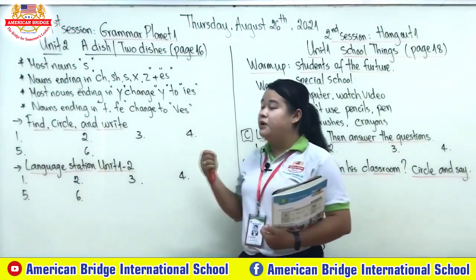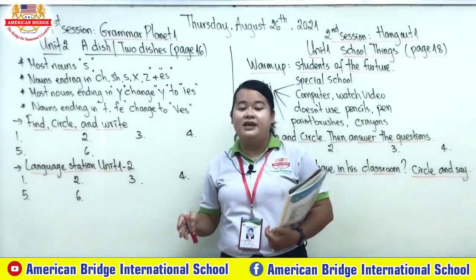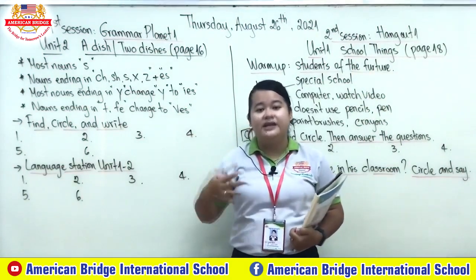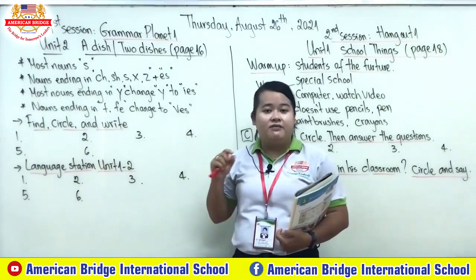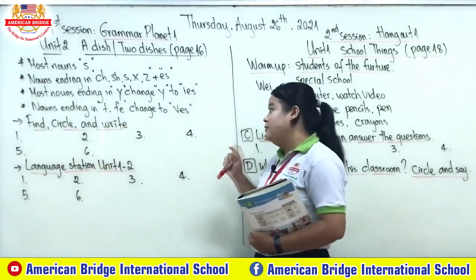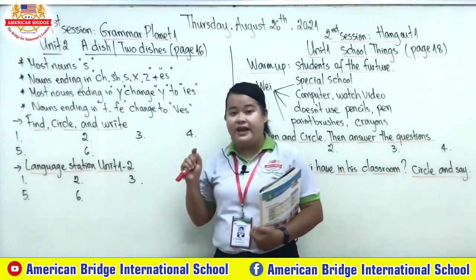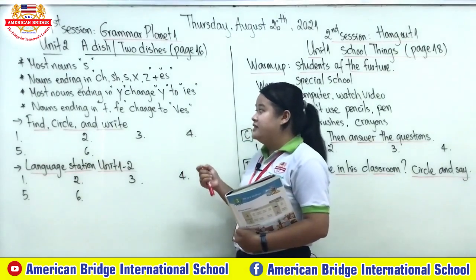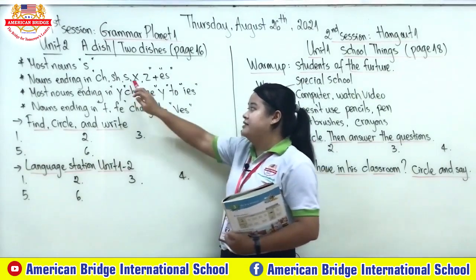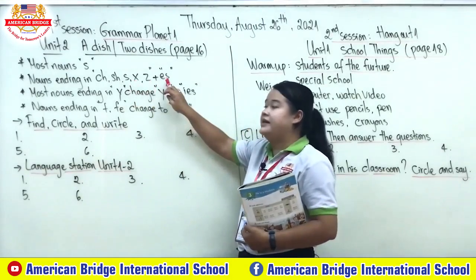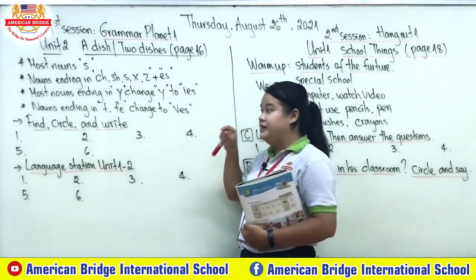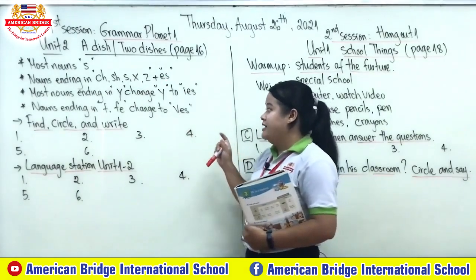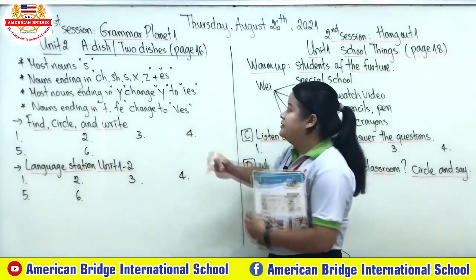Plural means two or more, and it can refer to places, people, or things. Most nouns we use with s. Most nouns ending in ch, sh, s, x, or z, we add es at the end of the word. And if the noun ends in y, we need to change y to ies.